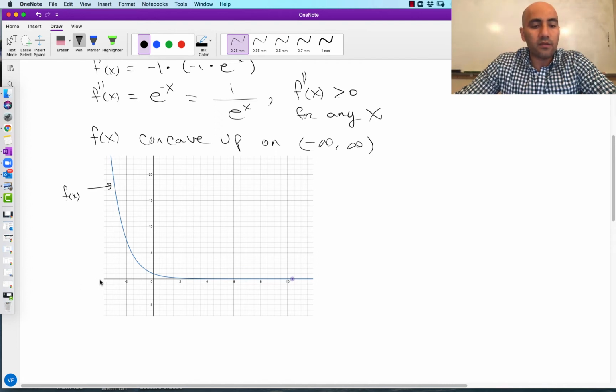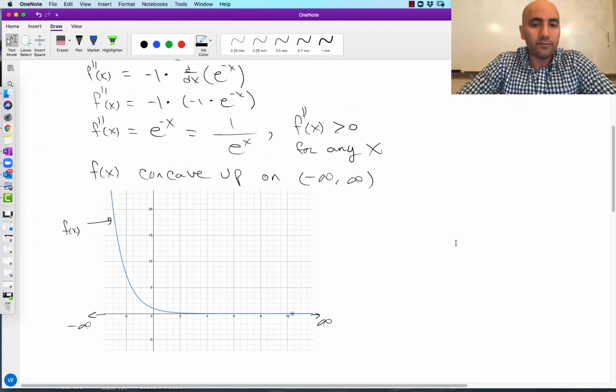So this keeps going on toward negative infinity to positive infinity. It might not be very obvious over here. It almost looks like it's turning into a horizontal line, but it's not. Mathematically, we've confirmed that this is concave up on all real numbers.